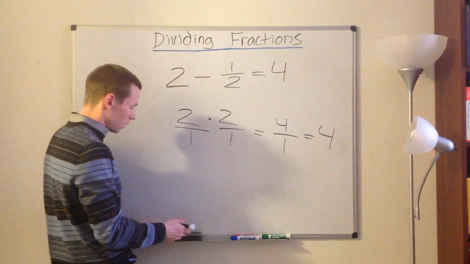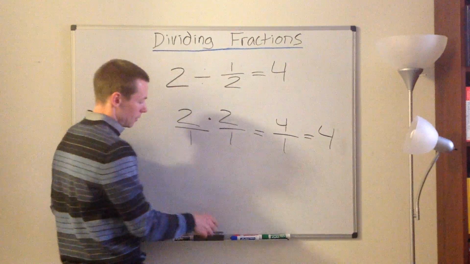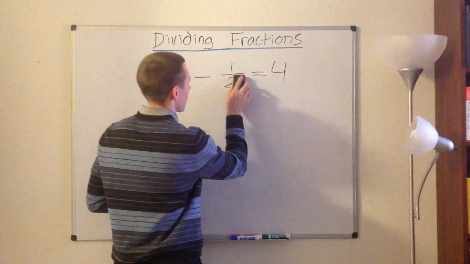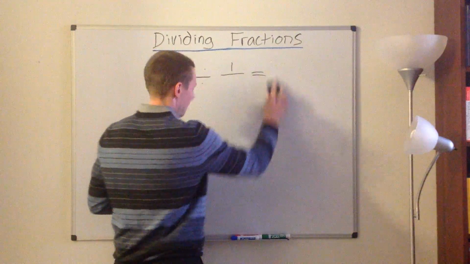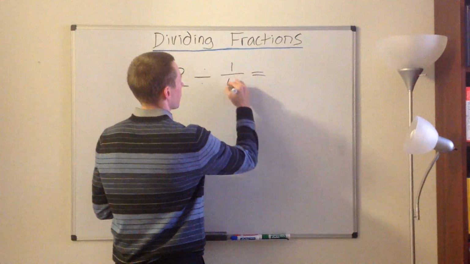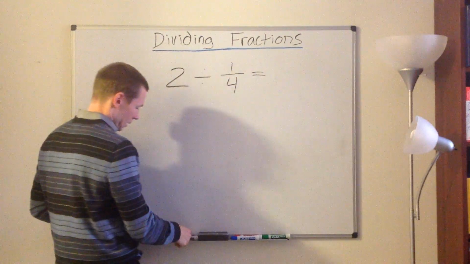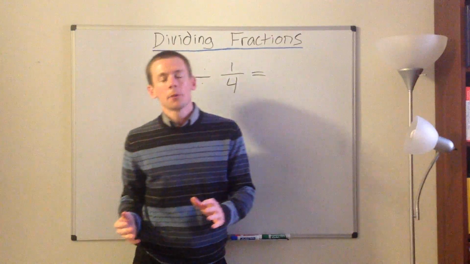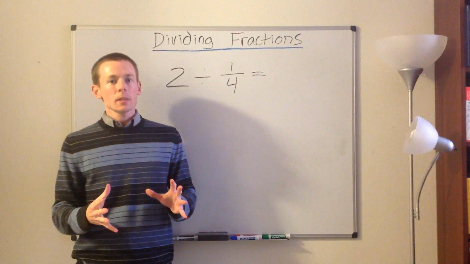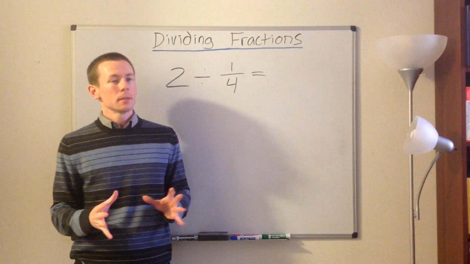Okay, so let's take a look at another example. This time I'm going to divide by 1/4. Take a second now to think about what you think this answer might be.